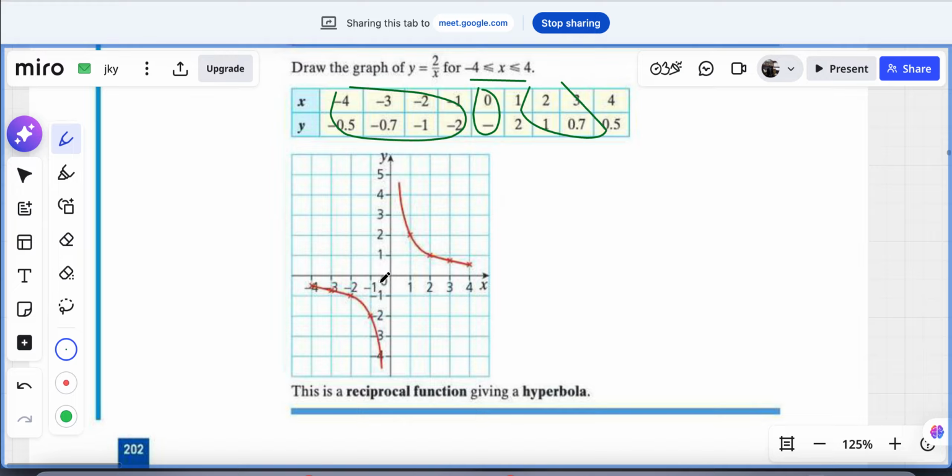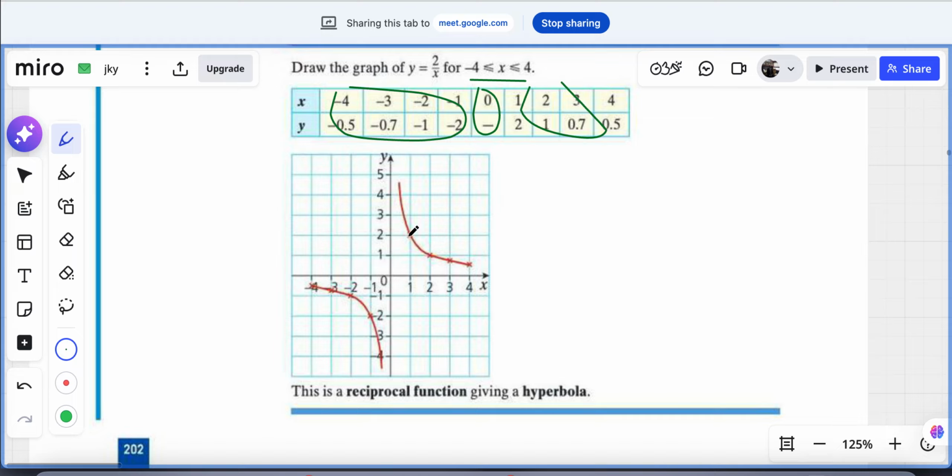Negative 1 to negative 2 here. You can even do negative 0.5, even though the value is not in the table, you can add that value, because this one is too short and you want it to go down. For negative 0.5, you get negative 4 for y. Then you join this first part of the reciprocal graph.